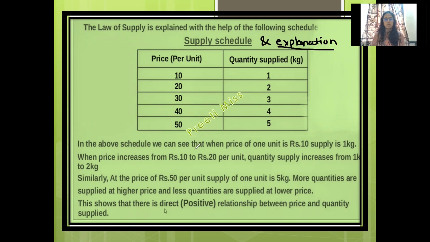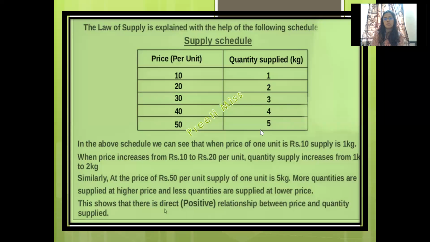In the above schedule we can see that the price of one unit is 10 rupees, and as the price rises, supply also rises. So they have a direct relationship. At lowest price, lowest supply; at highest price, highest supply. So it shows there exists a positive, or direct, relationship between price and quantity supplied.